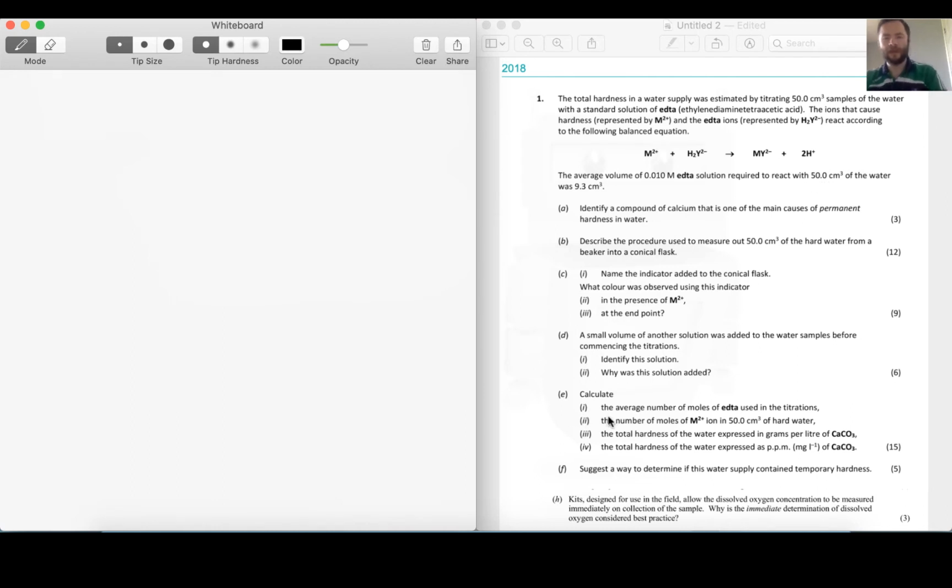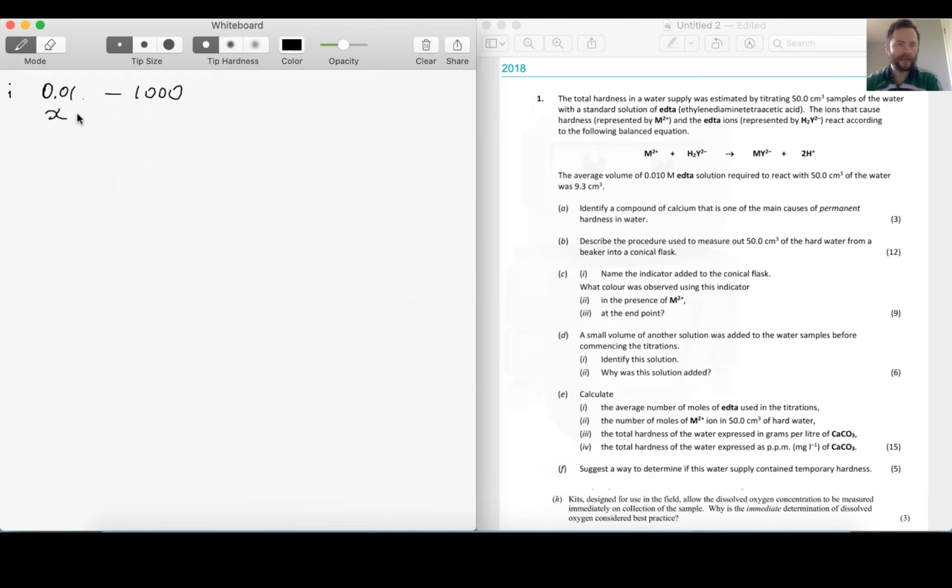So I have to calculate a number of things here. The average number of moles of EDTA used in this titration. So I'm using 9.3 cubic centimeters of 0.01 molar EDTA. So I know that there will be 0.01 moles in 1000 cubic centimeters.